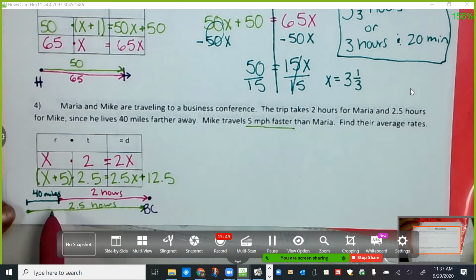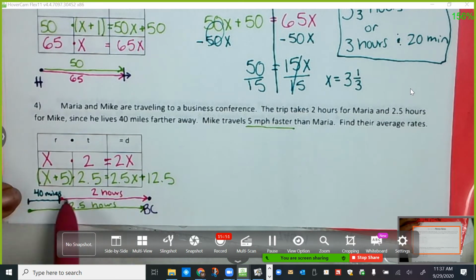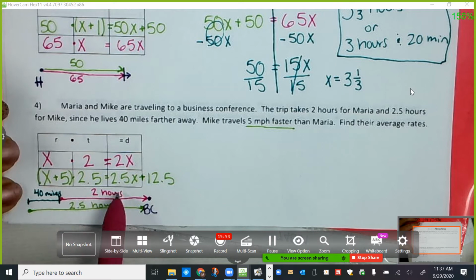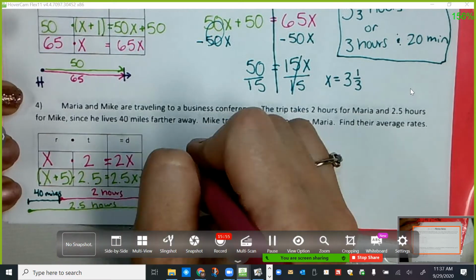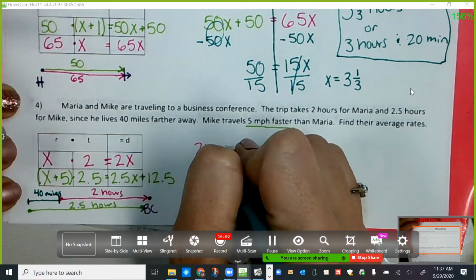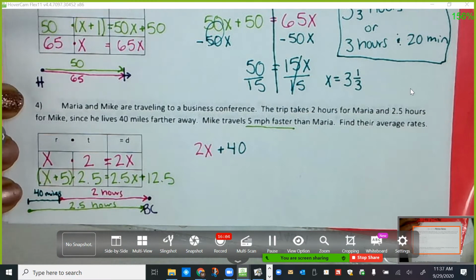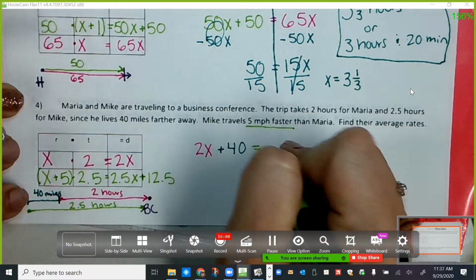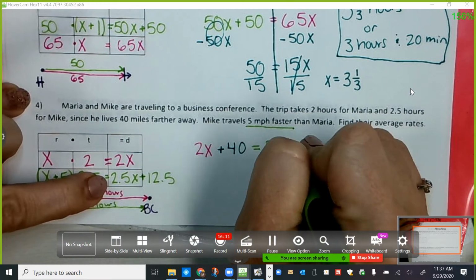No. So we have the pink. What represents this top line? Well, the distance of the top line is 2x. What else is the distance on that top line? That plus 40. Okay, equals the distance of the bottom line, the green, so that's 2.5x plus 12.5.